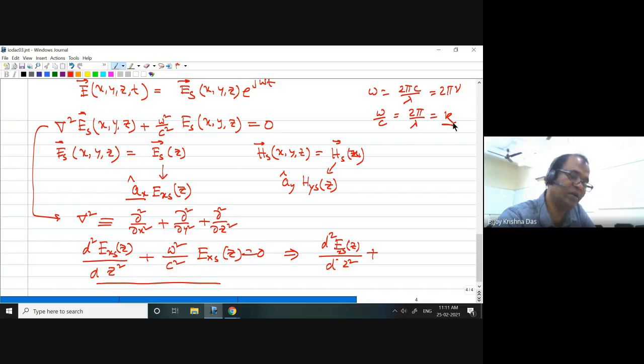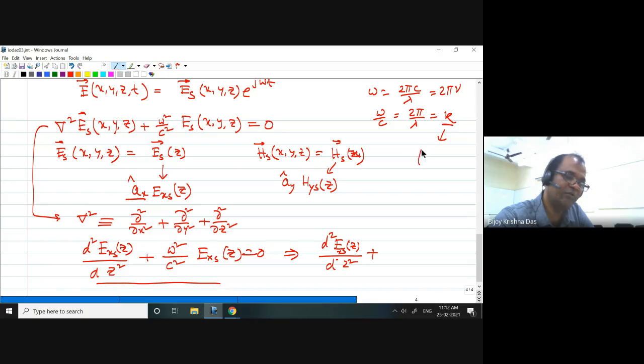Obviously, if it is a medium, then this lambda inside the medium will be changed. Okay, lambda will be changed. It will be scaled with the refractive index, lambda over n. So in that case, omega by c will be 2 pi by lambda. You can write, but this k can be written with an additional term.